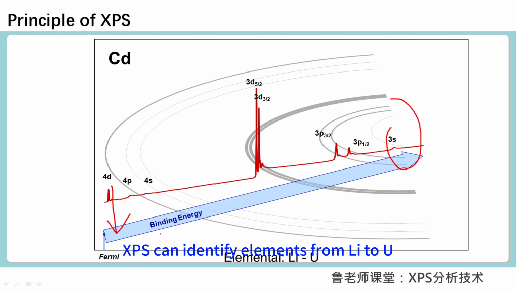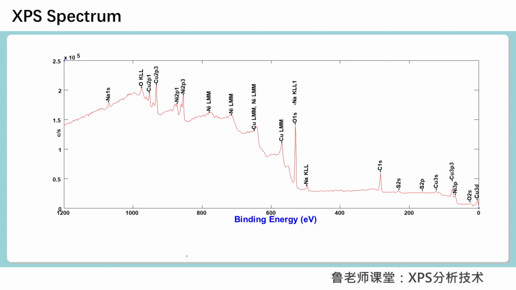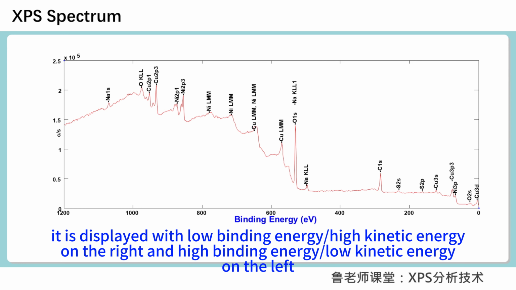For typical XPS spectra, the x-axis represents binding energy. It's displayed with low binding energy, higher kinetic energy on the right, and higher binding energy and low kinetic energy on the left.